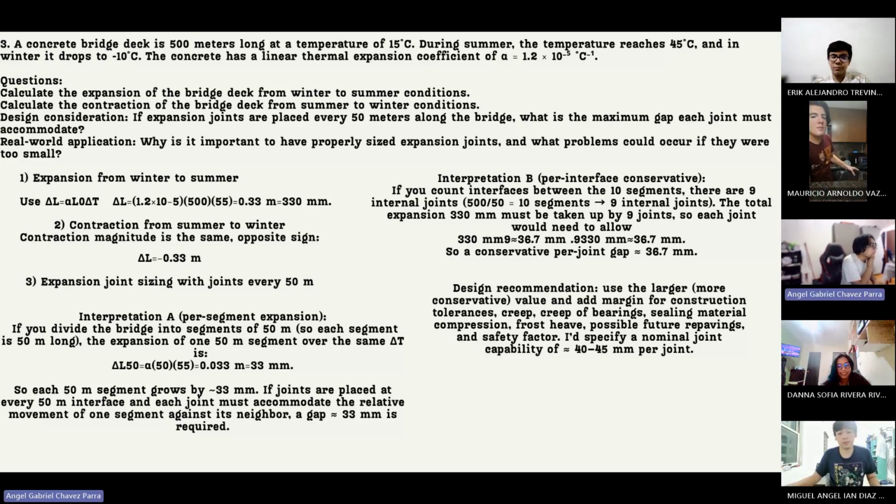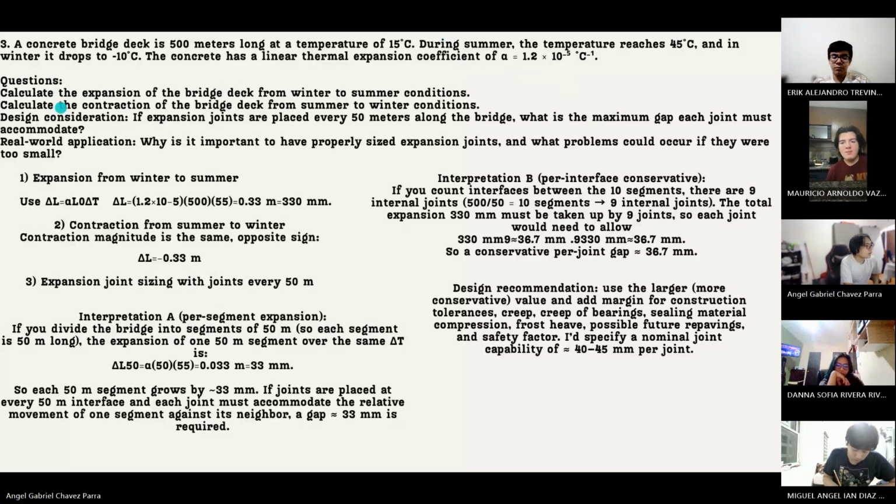A concrete bridge deck is 500 meters long, at a temperature of 50 degrees Celsius. During summer, the temperature reaches 45 degrees Celsius, and in winter it drops to 10 degrees Celsius. The concrete has a linear thermal expansion coefficient alpha of 1.2 by 10 to the minus 5 per degree Celsius.